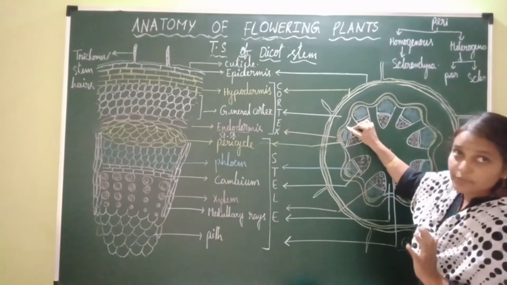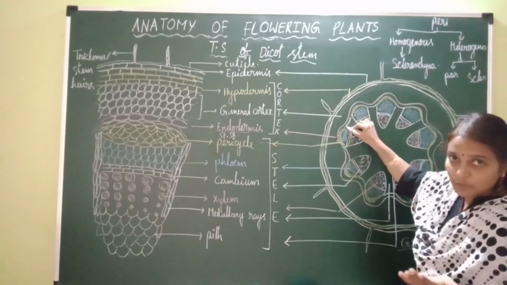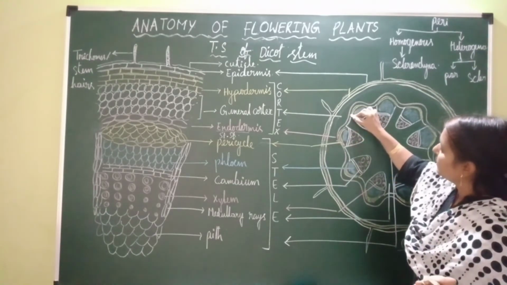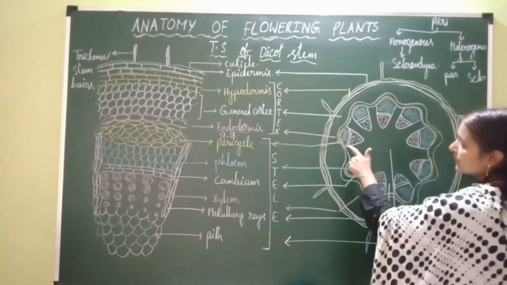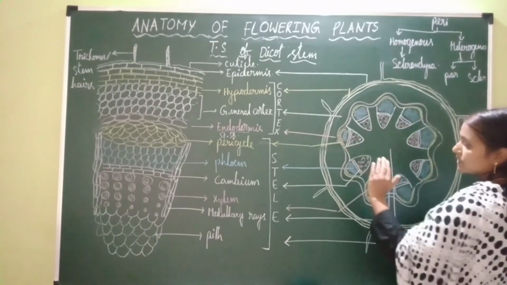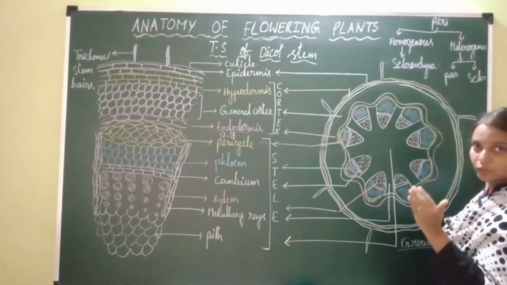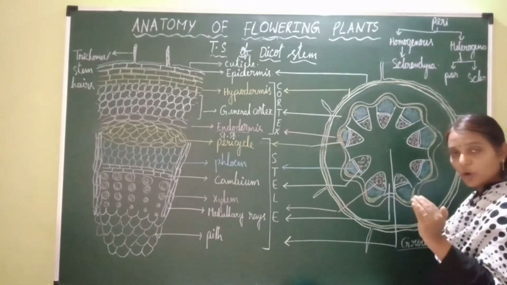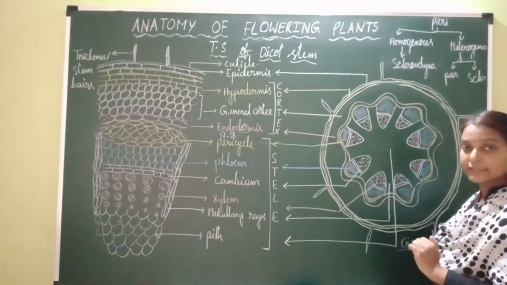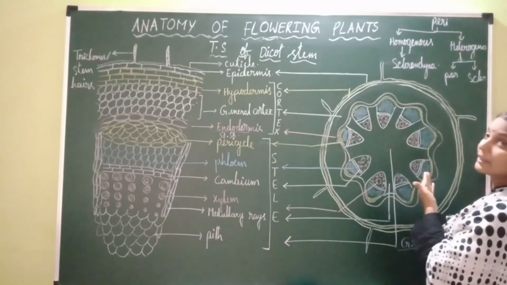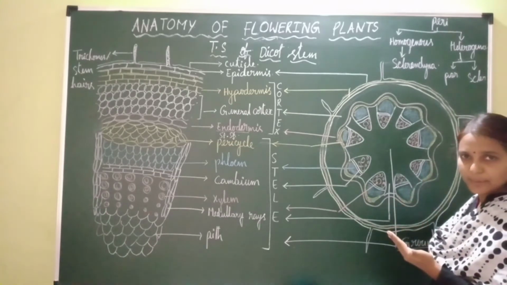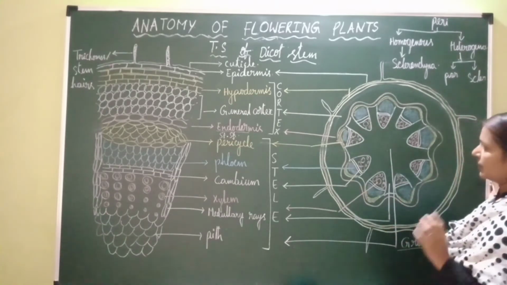Again sclerenchymatous above the next bundle, again parenchymatous. This sclerenchymatous pericycle above the phloem forms a cap-like structure, hence it is called bundle cap, which provides mechanical support because it is made of sclerenchyma. The function of sclerenchyma is to provide mechanical support, right?